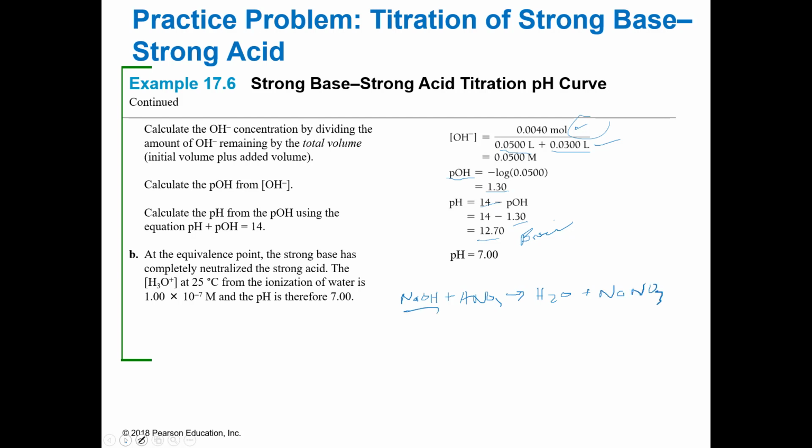So all the acid and base are consumed. We have water and a neutral salt, and therefore the pH is 7. So you don't have to calculate that. Just make sure that anytime you see the titration of a strong base with a strong acid or vice versa, you should always have the equivalence point at a pH of 7.